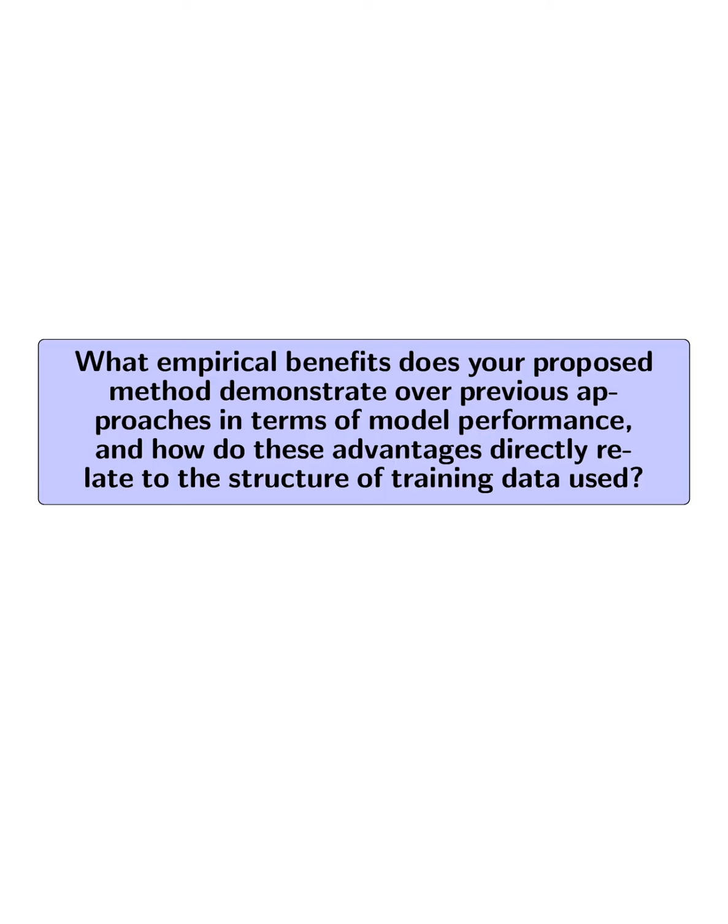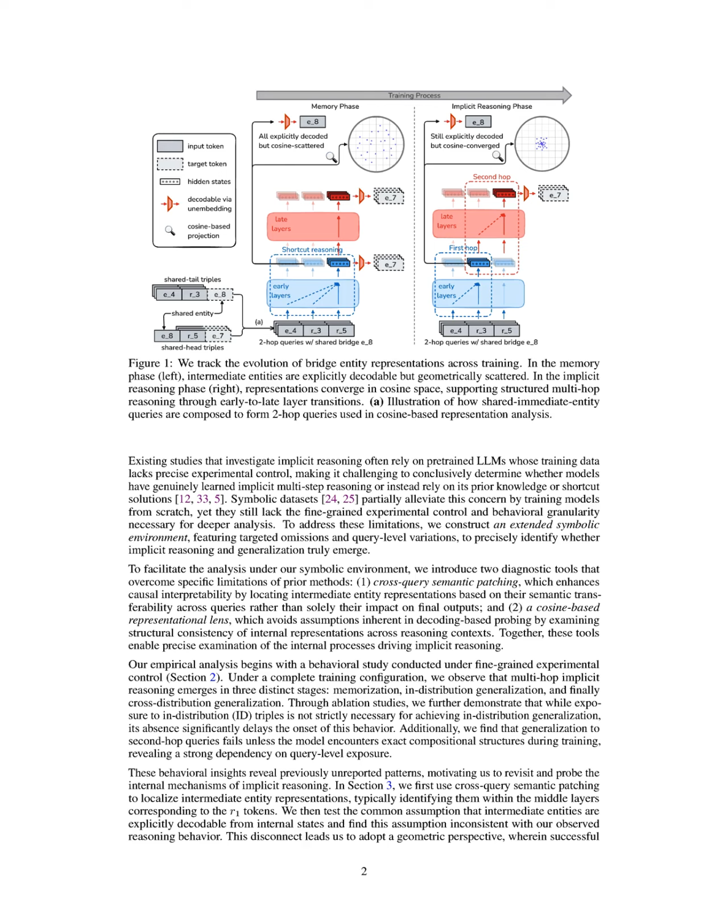What empirical benefits does your proposed method demonstrate over previous approaches in terms of model performance, and how do these advantages directly relate to the structure of training data used? Our proposed method demonstrates significant empirical benefits over previous approaches by enabling a more nuanced understanding of implicit reasoning in large language models, LLMs, through the use of a structured symbolic environment.